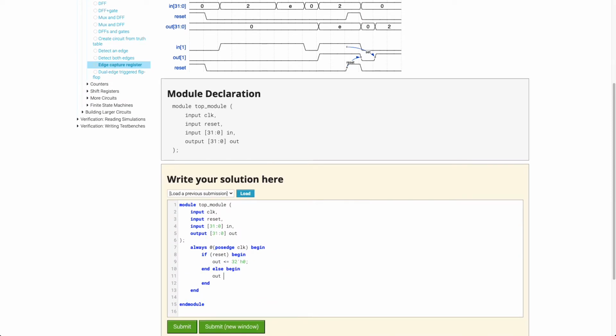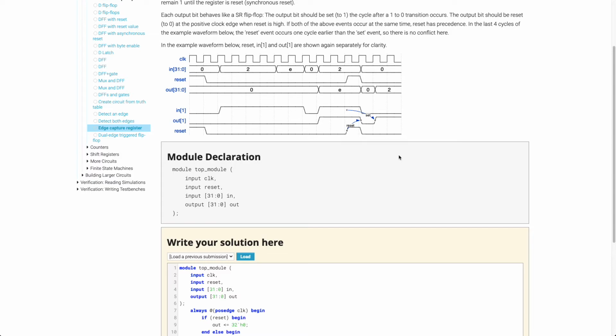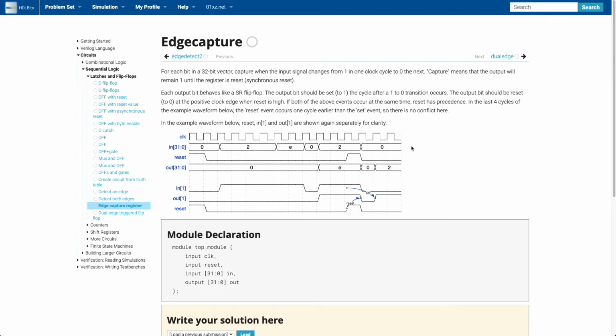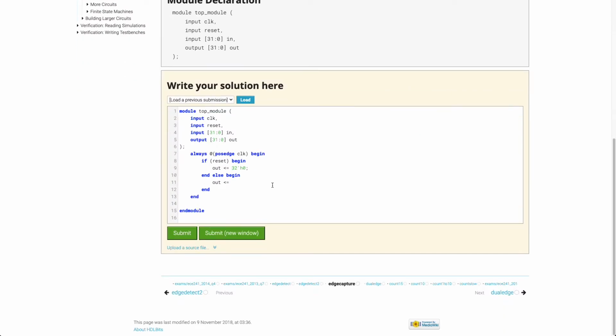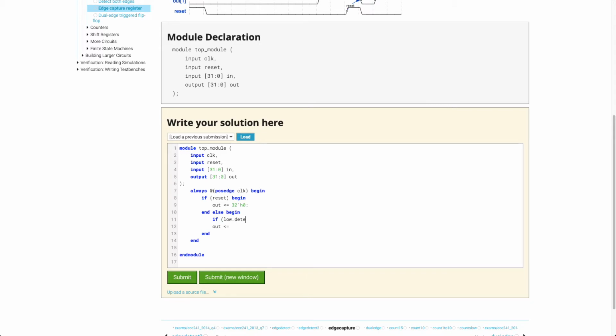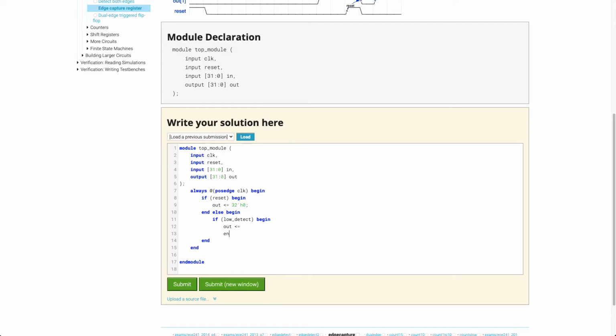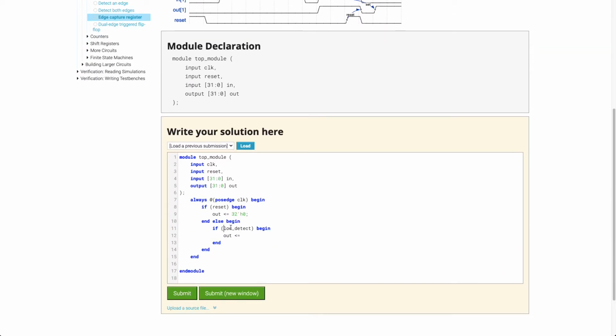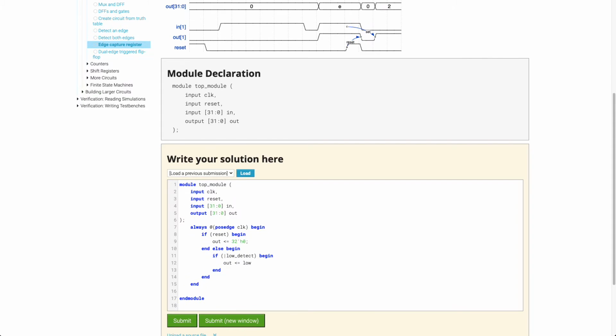Then there's going to be some... this is the previous issue where, like, we need it to be sticky.